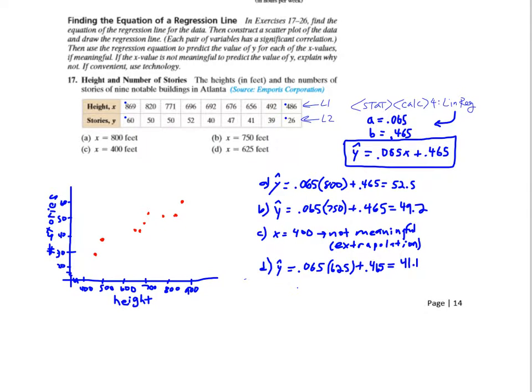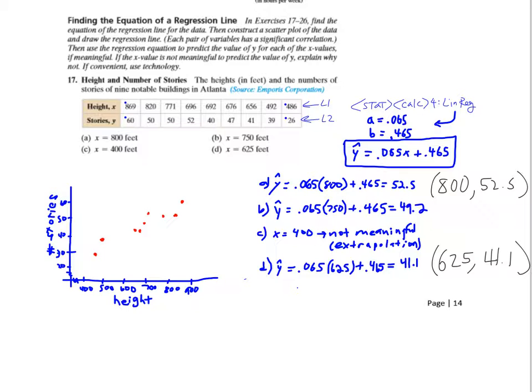Okay, and then finally, you'd be asked to draw the regression line onto this plot. So I can imagine that these predictions gave me two ordered pairs, 800 paired with 52.5. And then let's use 625, that paired with about 41.1.